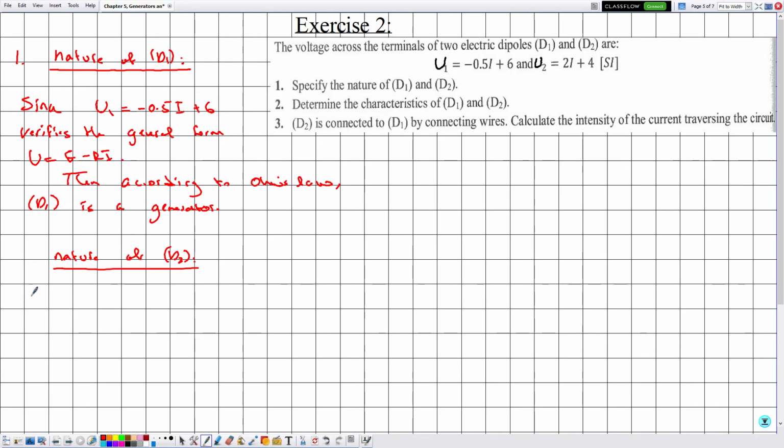Now since U2 is equal to 2I plus 4, verifies the general form which is given by U is equal to E plus Ri. Then D2 is a receiver.